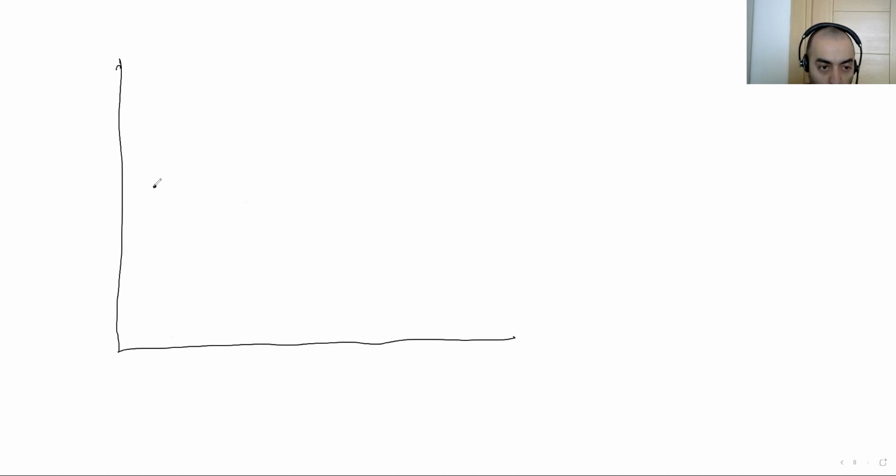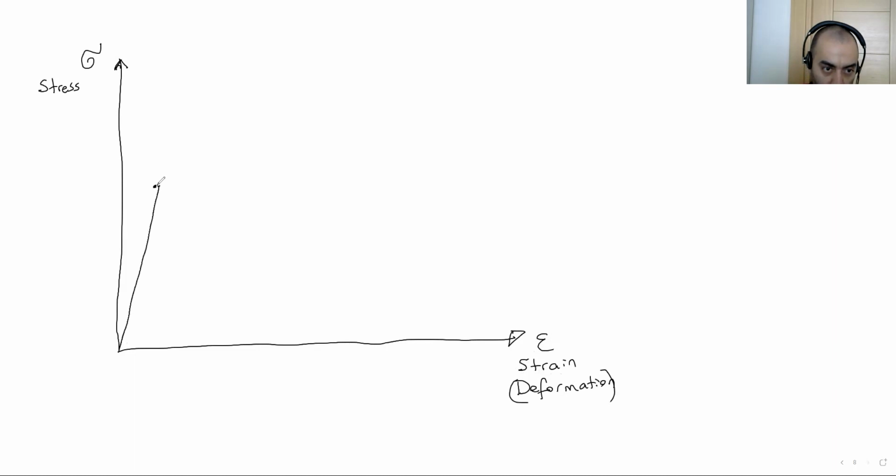Here, this is the stress. This is the strain. Stress. You know what stress is? Force over area. Here is a strain. It's unit deformation. Okay. Now, when we apply load, we get a linear part like this.